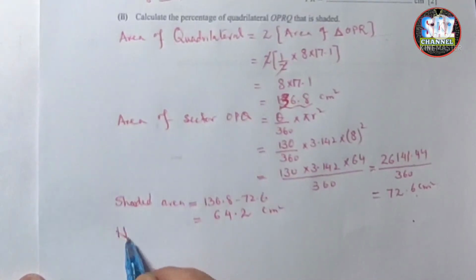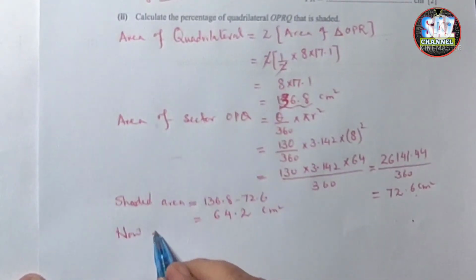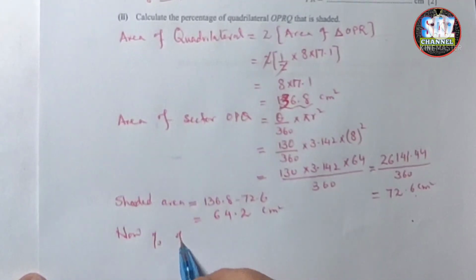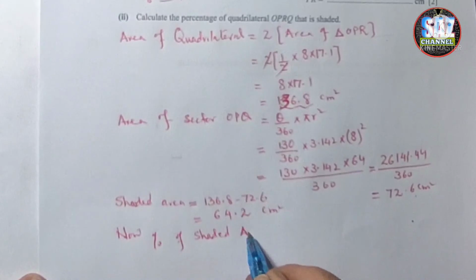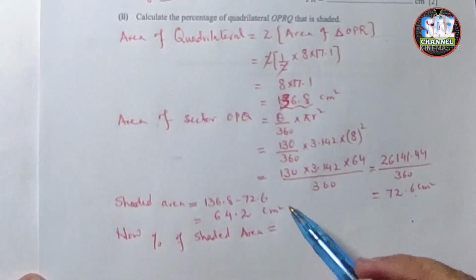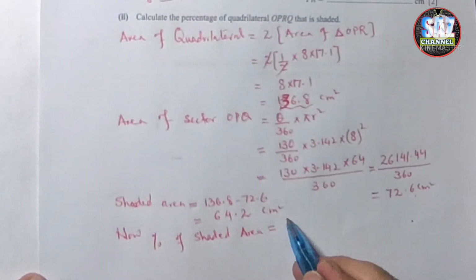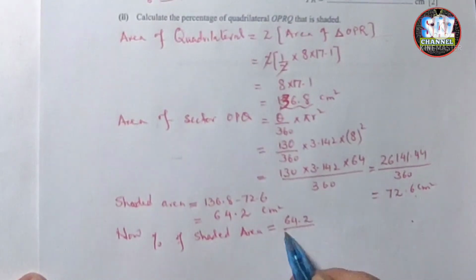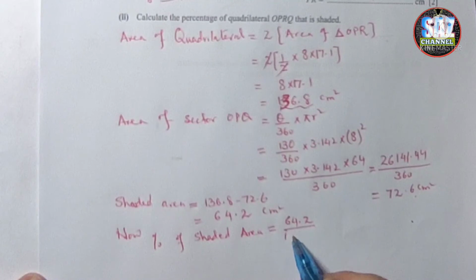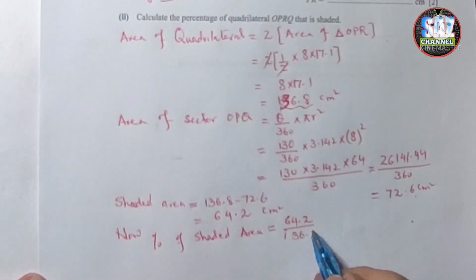Percentage. Now the percentage of shaded area will be equal to the shaded area 64.2 divided by the total area, that is 136.8, multiplied by 100%. Let me take the calculation as it is.